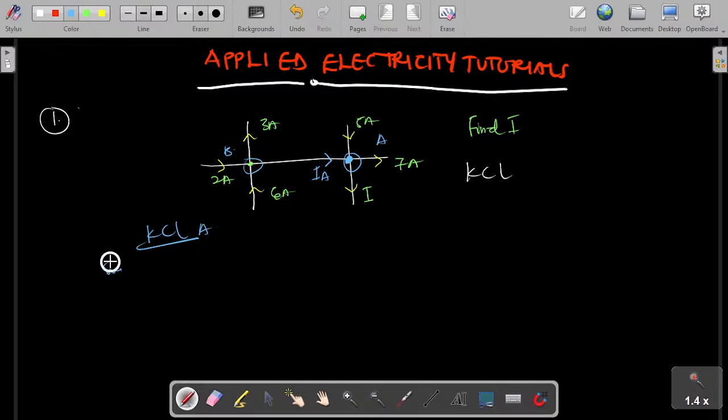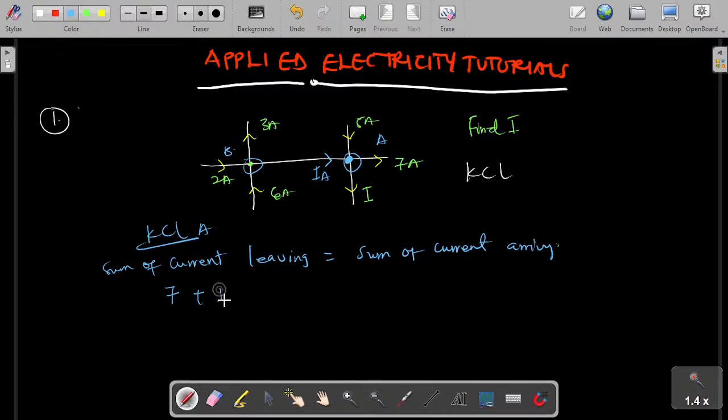So the sum of currents leaving should be equal to the sum of currents arriving. At junction A, the currents leaving are 7 amps plus I. The currents arriving are IA and 5 amps.